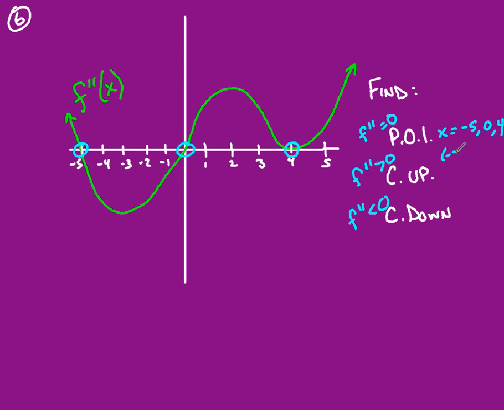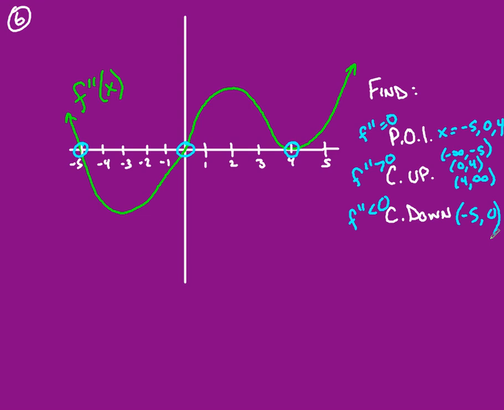So those intervals are negative infinity to negative 5, from 0 to 4, and from 4 to infinity. Concave down means second derivative is negative. This picture again of the second derivative, it's only below the x-axis in one spot, from negative 5 to 0. So those are your regions of concave down.